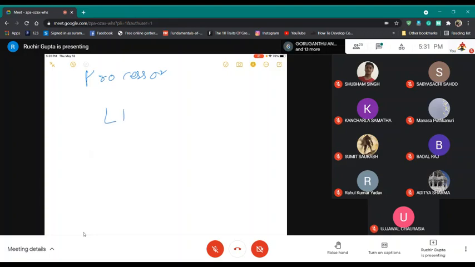So that's why we have two kinds of caches. One is called L1 and another is called L2. The L1 cache is kept in the processor, and the L2 cache is kept outside the processor.